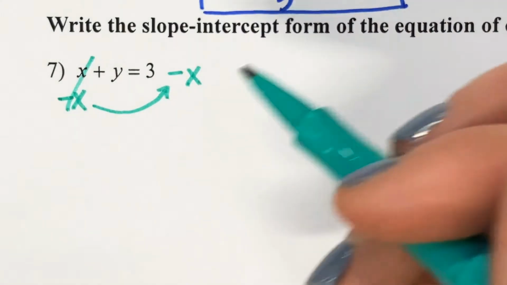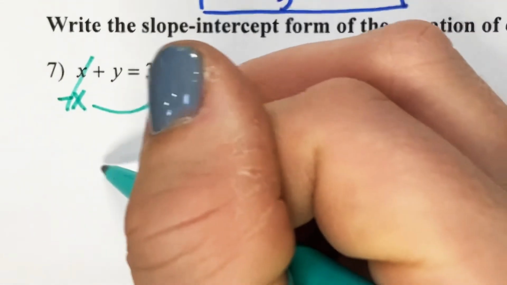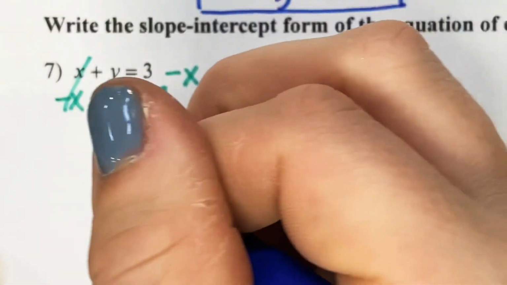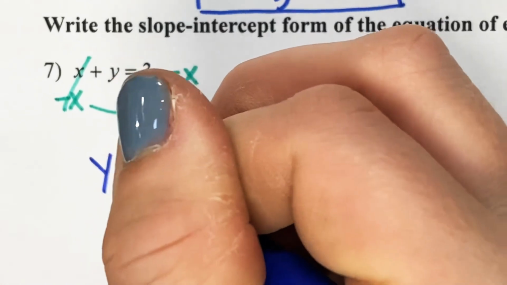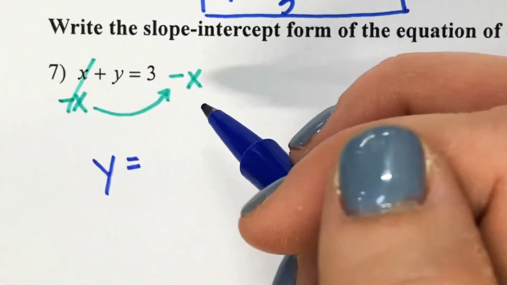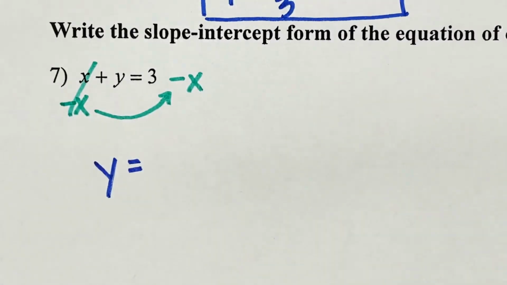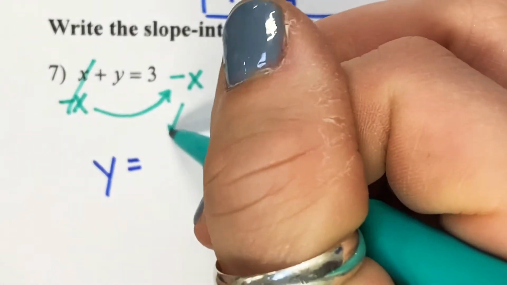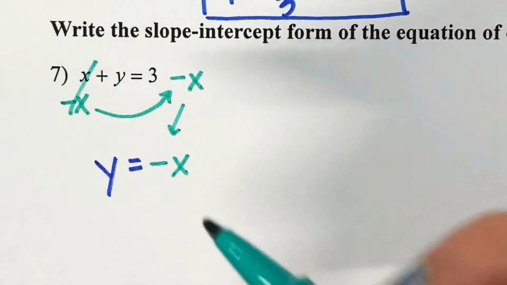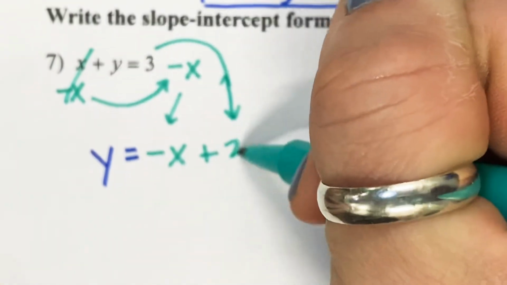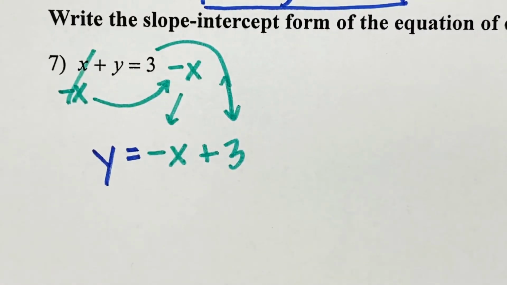Okay, so now we have our y equals, because y is all by itself, and we always want to write our x first. So I'm going to put my negative x, that came down, negative x, and it's positive 3, so plus 3. Okay, in fact, let's make that note on our paper.